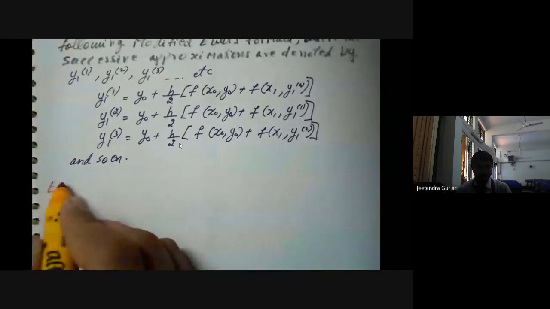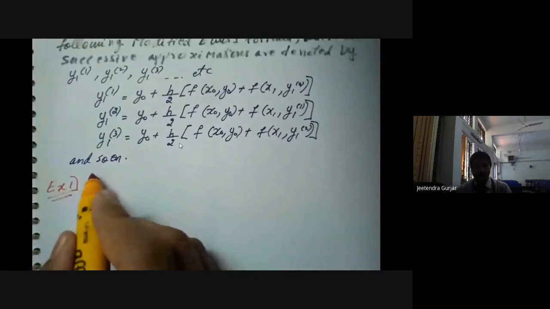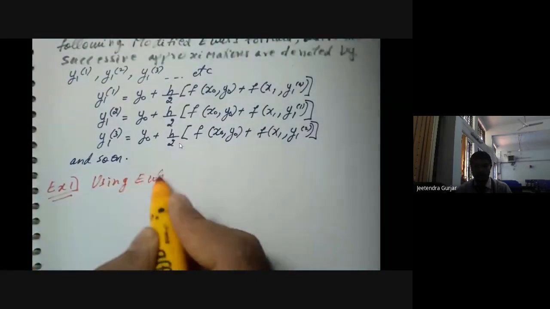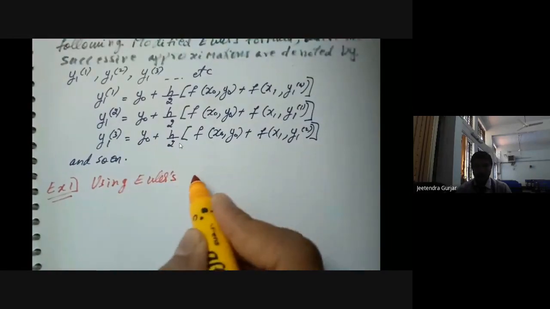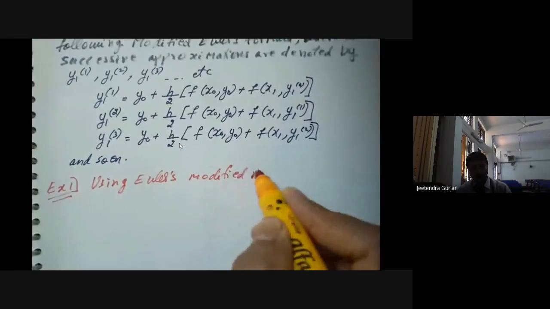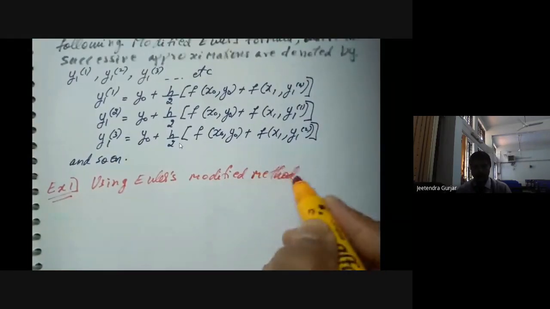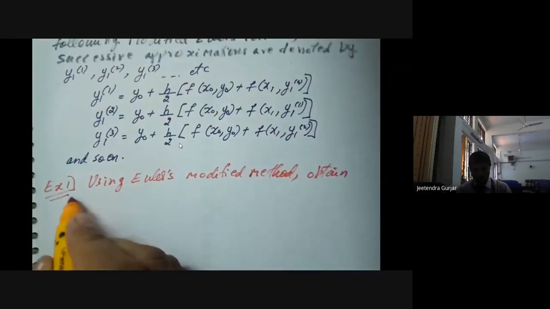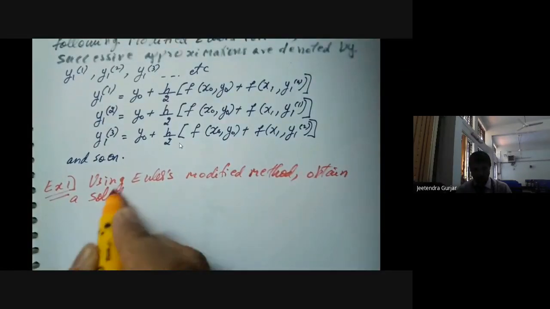So we'll go with example 1. In this example, they will clearly mention that using Euler's modified method, these 4 formulas you have to write: the Euler's method formula, and then y1 raised to 1, y1 raised to 2, y1 raised to 3.